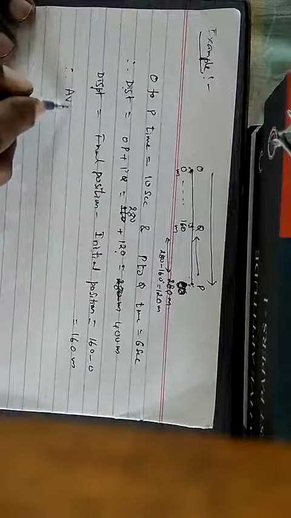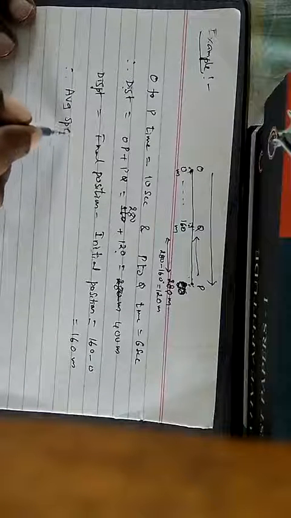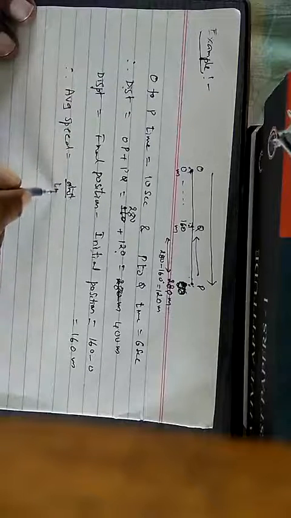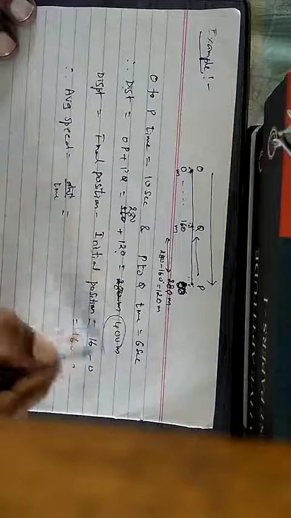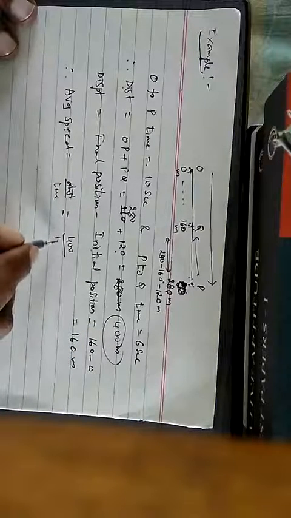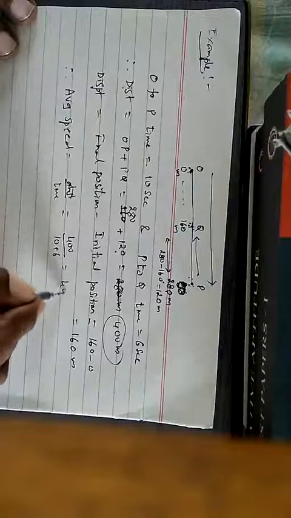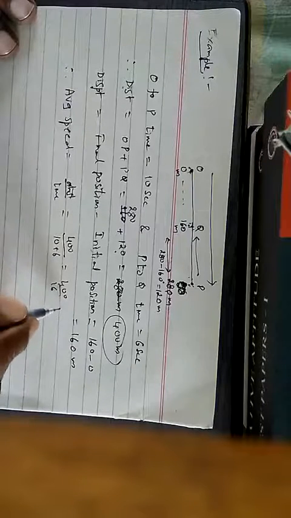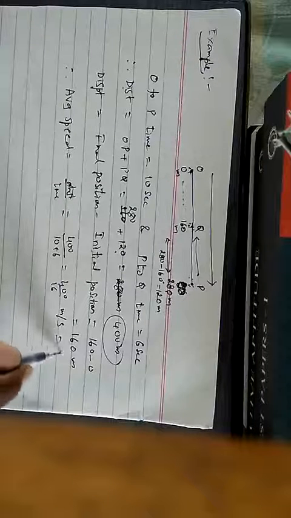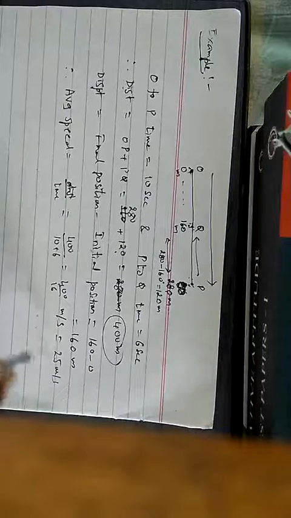Therefore, average speed is equal to distance upon time. Distance we have calculated is 400, upon time taken, 10 plus 6, so 400 upon 16. That gives 25 meter per second.